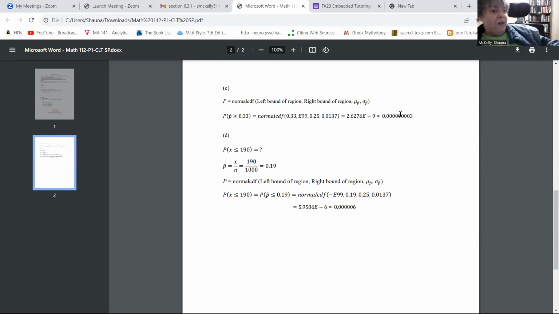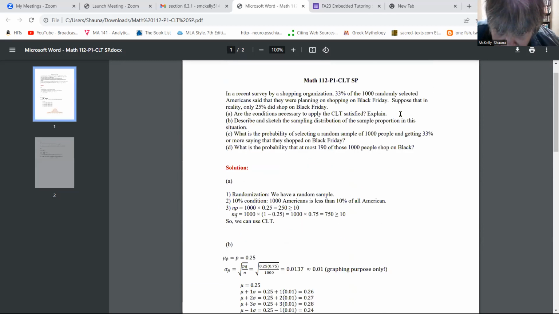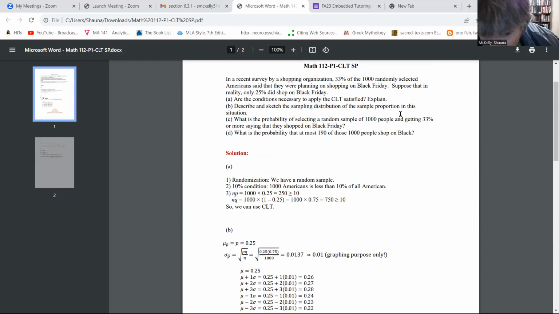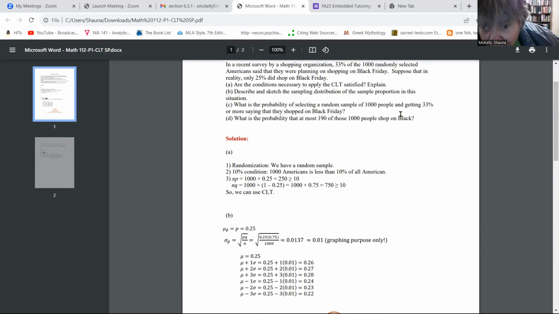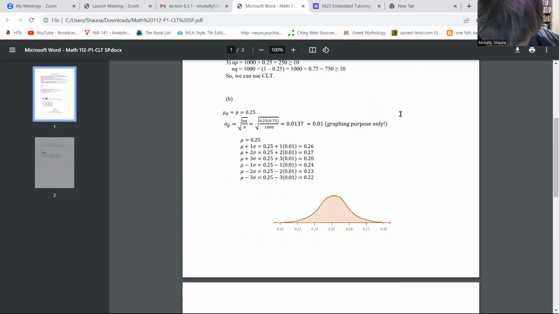Now, the last part of this, the last question asks, what is the probability that at most, remember at most is 190 is the most. So 190 or below, that at most 190 of these people shop on Black Friday.